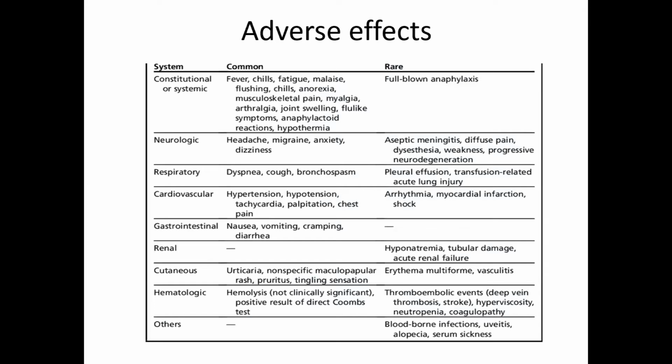Acute renal failure occurs due to the stabilizers in IVIG preparations. The risk of acute renal failure increases with diabetes mellitus and volume depletion, and concomitant use of other nephrotoxic substances like aminoglycoside antibiotics and all.